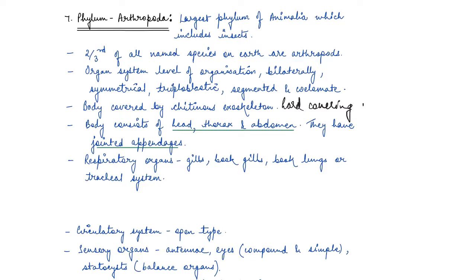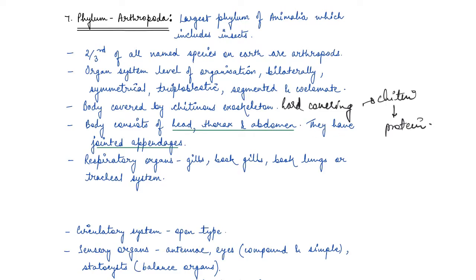And chitinous exoskeleton is nothing but made of chitin, which is a protein. Their body now consists of head, thorax, and abdomen, and they have joint appendages.